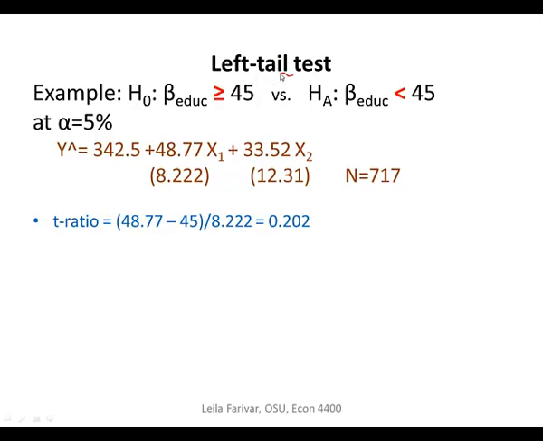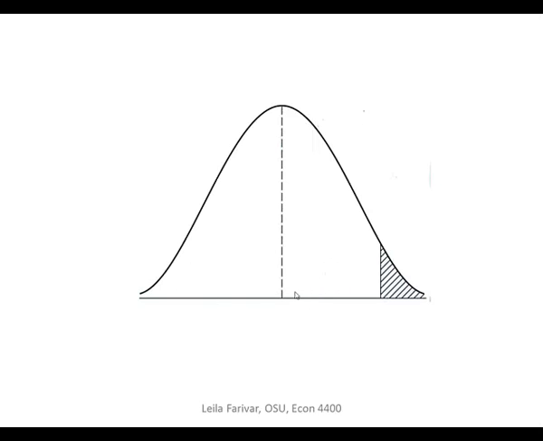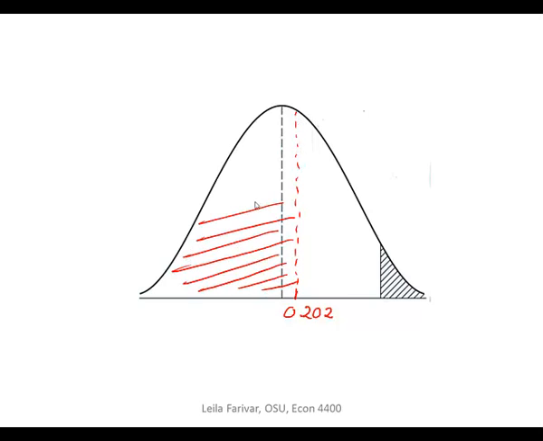Now this is a left tail test, so I'm looking for the area to the left of the test statistic. On the graph, again, 0.202 would be here. The p-value would be the area to the left of this. So this area now is the p-value. It's to the left because our test was a left tail test.